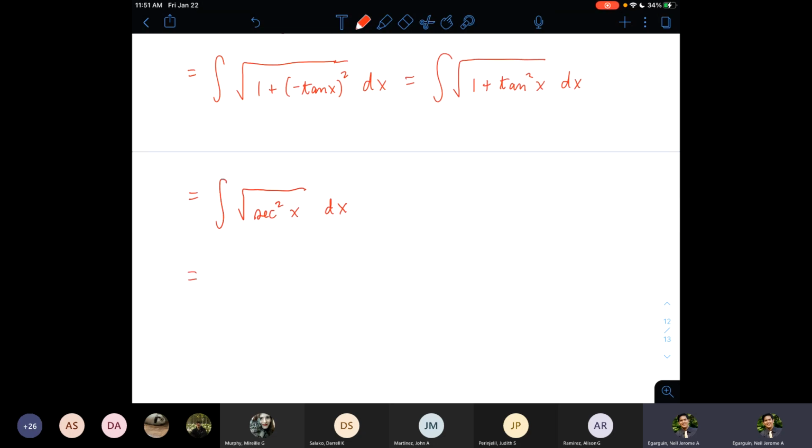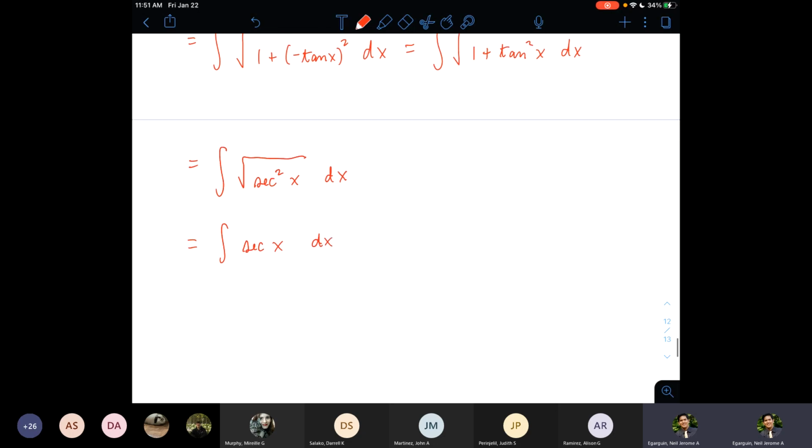And then you have the square root of secant squared, which will just be secant x dx. And do you guys remember what's the integral of secant x? Natural log of secant x plus tangent x. That's correct. So this would be the natural log of the absolute value of secant x plus tangent x, plus, of course, the arbitrary constant c.